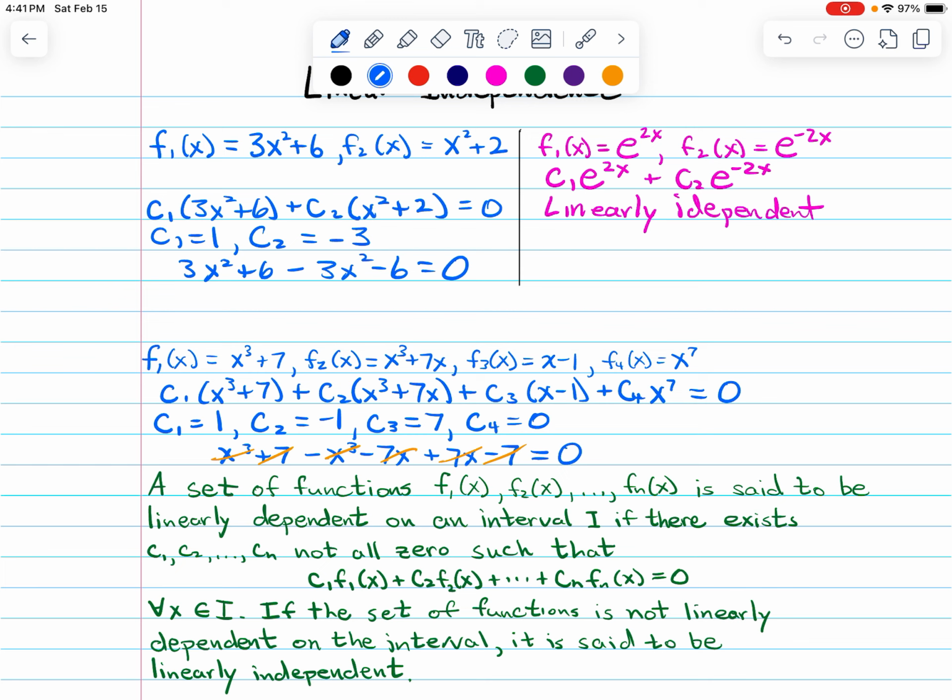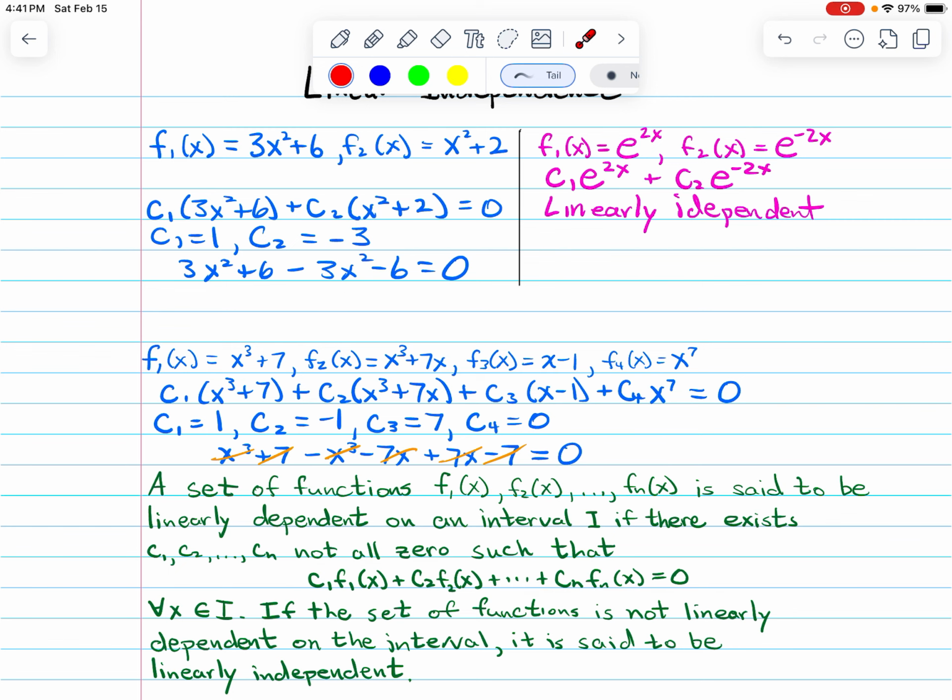Now, let's make a transition here. Let's be more general. Let's suppose I've got a set of functions, f1, f2, all the way out to fn. We say that that set is linearly dependent on some interval if there exist constants, like we found up there, C1, C2, all the way out to Cn, not all of which are 0, such that this is true.